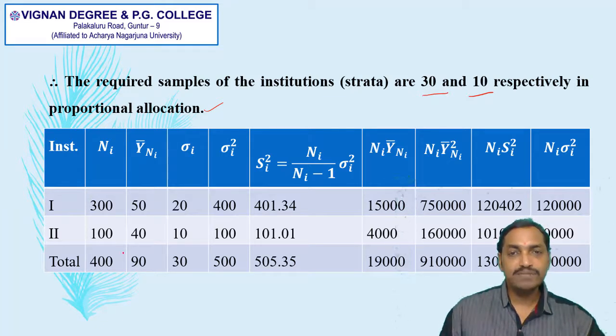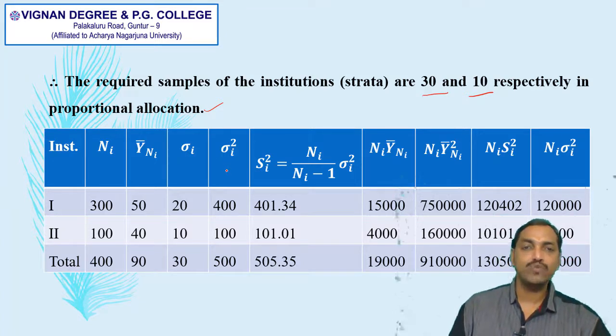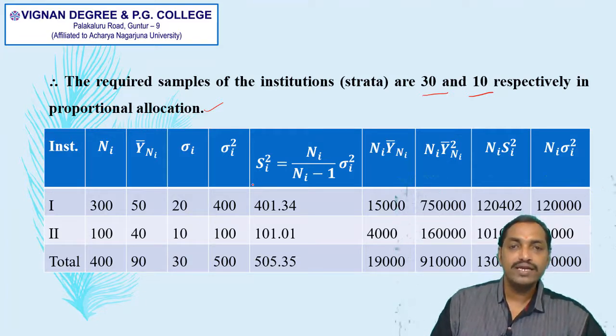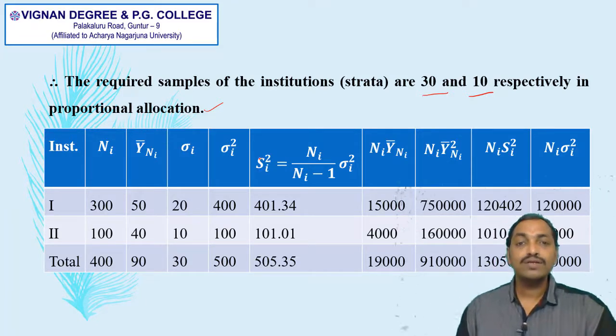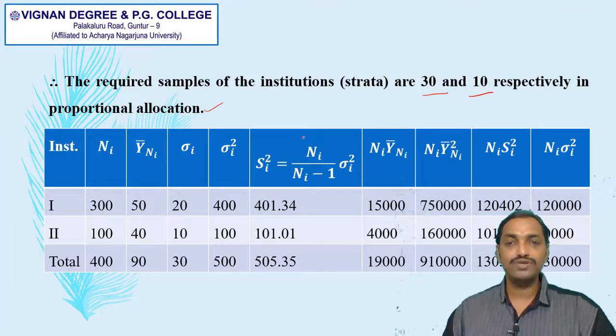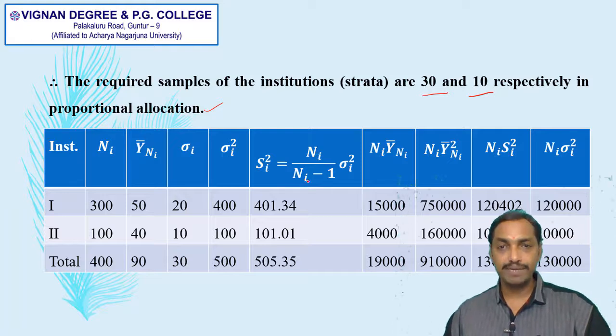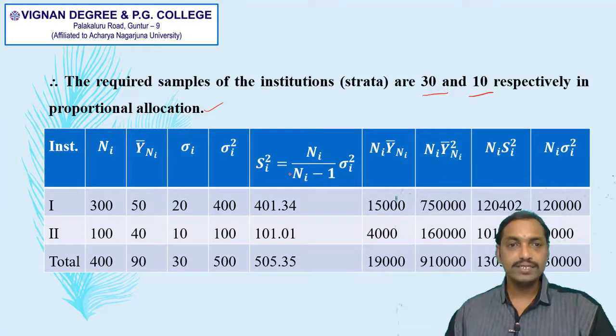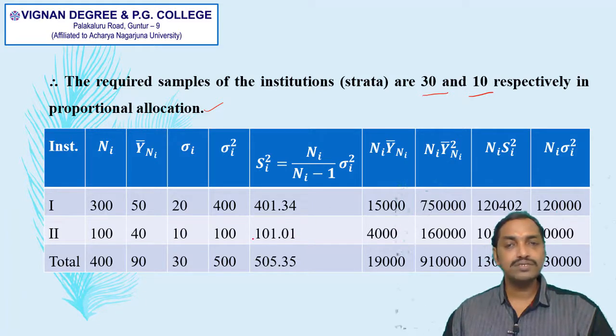So, from this information we are going to obtain all these quantities, sigma i square, that is the square of the standard deviation, nothing but variance. So, 400, 100. Capital Si square, that is population mean square for each stratum, that is 401.34 using this formula, capital Ni divided by capital Ni minus 1 into sigma i square. That means 300 divided by 299 into 400, which gives me 401.34. Similarly, for the second institute, 101.01.